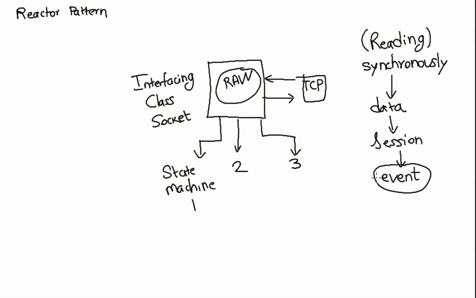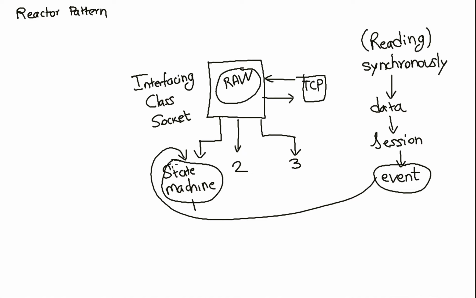Okay, and this is handed over to a particular state machine, and this state machine feels that it is asynchronously receiving the event. If the data is for some other session, it will be handed over to a different session, and likewise n number of sessions can be handled.